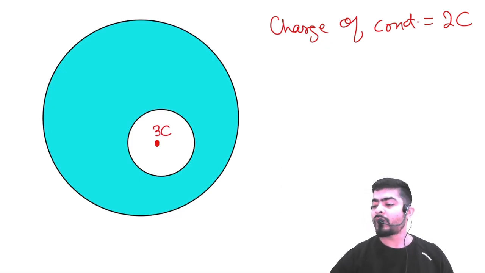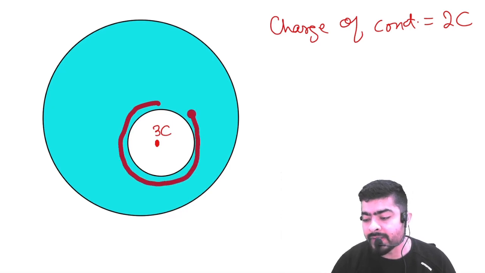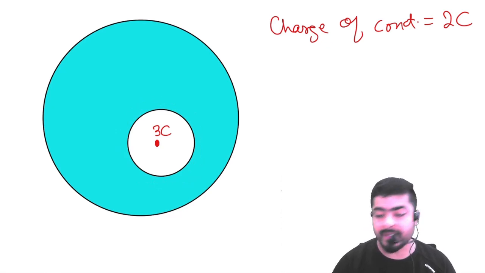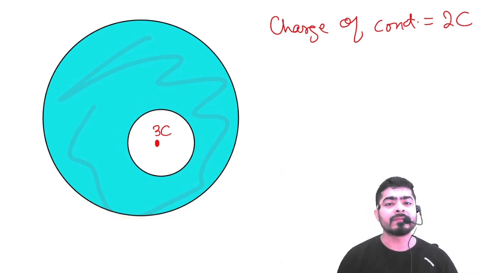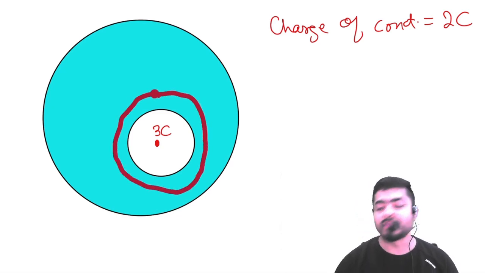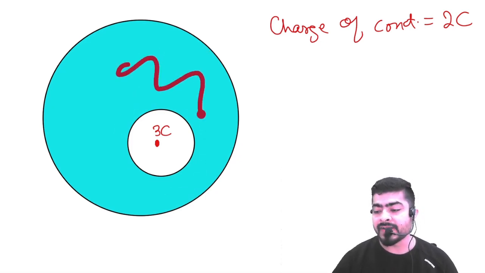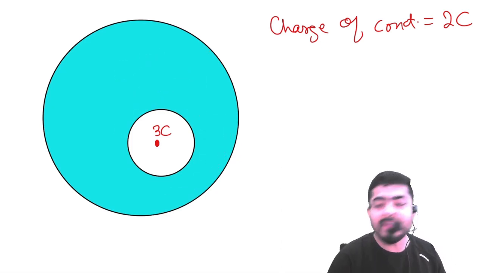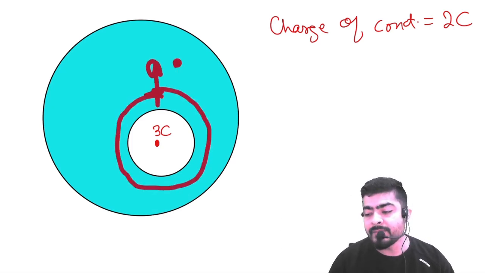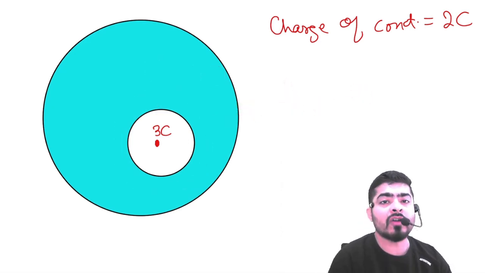According to Gauss law, first of all, if I take a Gaussian surface over here, this Gaussian surface is inside the conductor body, the colored one. When you take this Gaussian surface, there is no electric field crossing the surface because inside the conductor body electric field is zero. So flux will also be zero for the Gaussian surface.